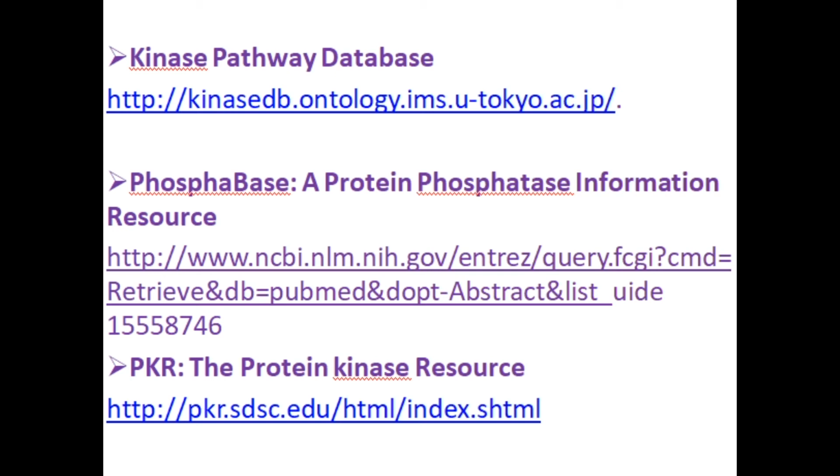Also, phosphatase enzymes are implicated in many human diseases like diabetes, cancer and neurogenetic disorders. The main aim of PhosphaBase is to centralize the growing base of knowledge in phosphatase research domains.